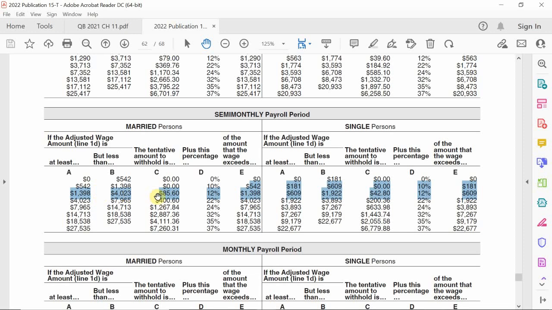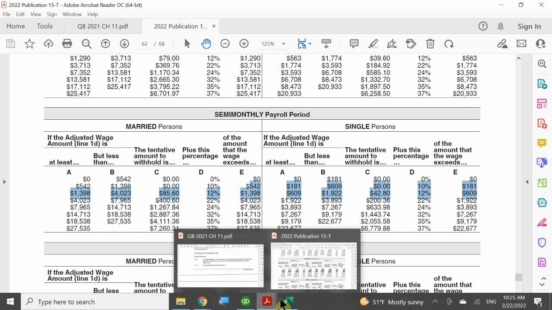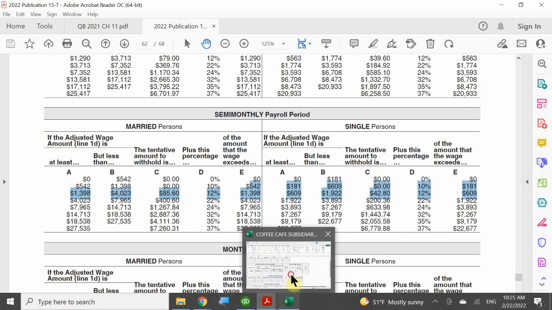So that means she's going to get taxed by the government no matter how much money she makes. She's going to get taxed $85.60 automatically. She's going to be at the 12 percent level, and she gets to keep $13.98. The government lets her keep $13.98.